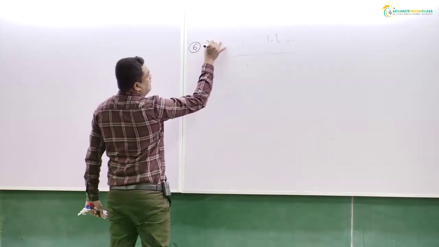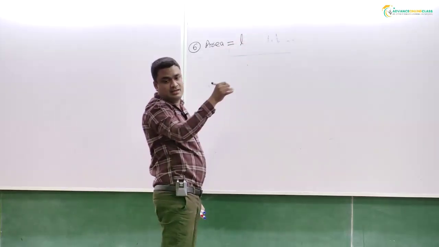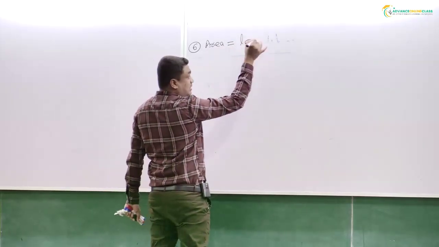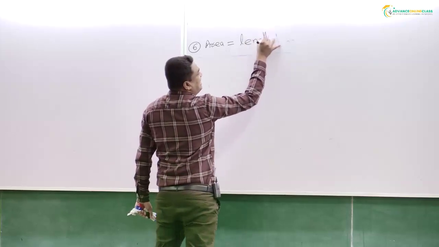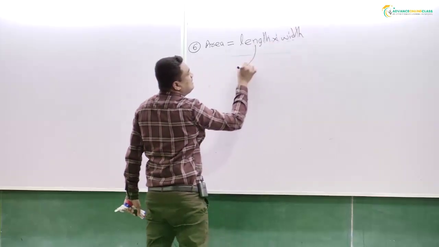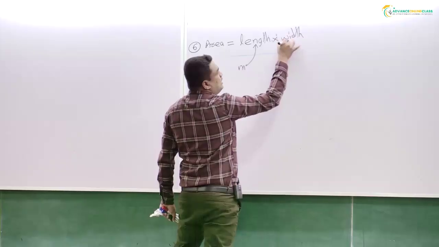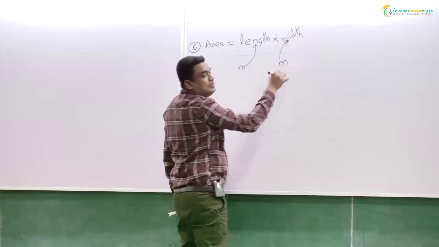What is area, dear? Area of a rectangle is calculated by length into width. Length is measured by meter. Width is measured by meter.